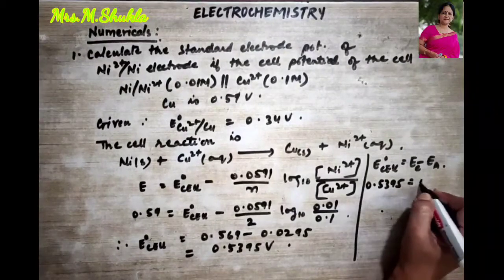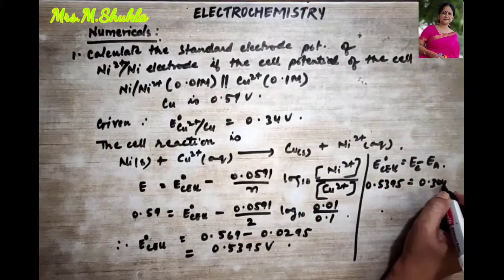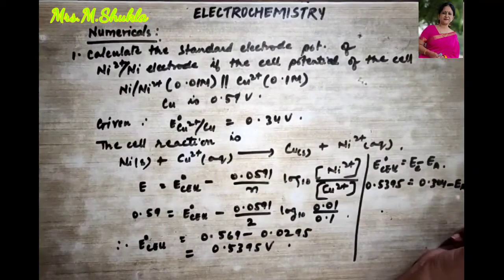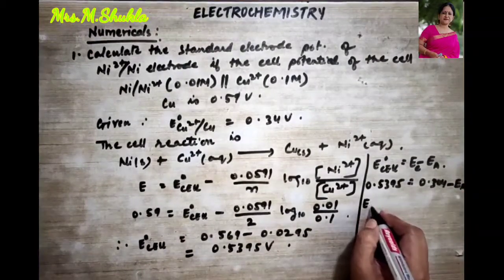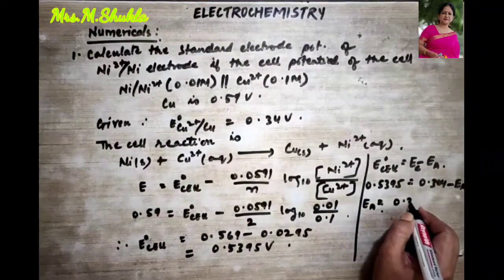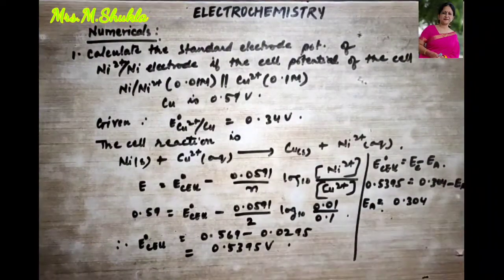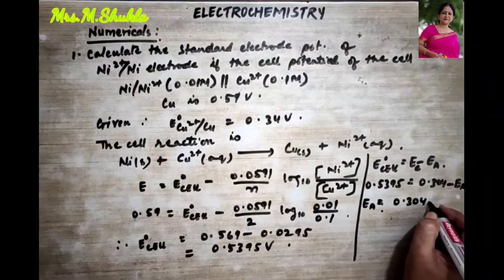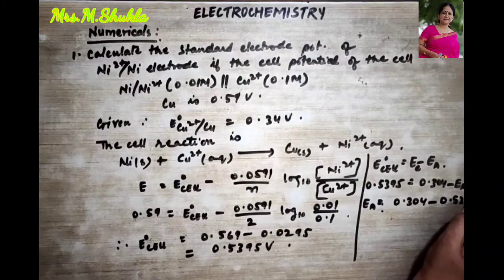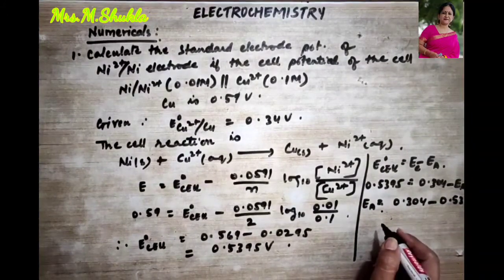0.5395 is equal to 0.304 minus EA, or we can say EA is equal to 0.304 minus 0.5395.